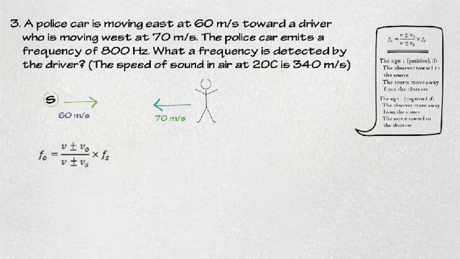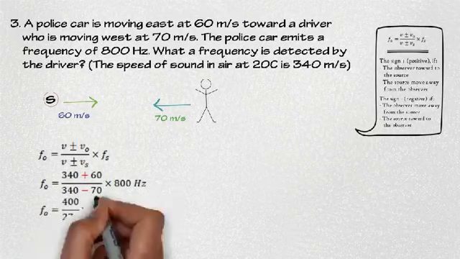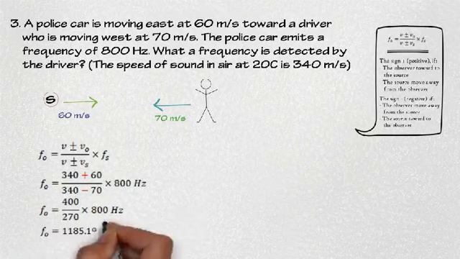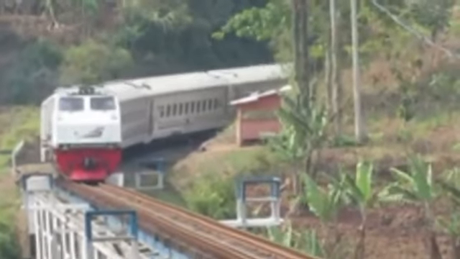We use the same formula to count the frequency of the observer. We can input the velocity of sound in air. Why is the velocity of the observer a positive value? Because the observer moves toward the source, and the source moves away from the observer. So the frequency of the observer is 1185.90 Hz.